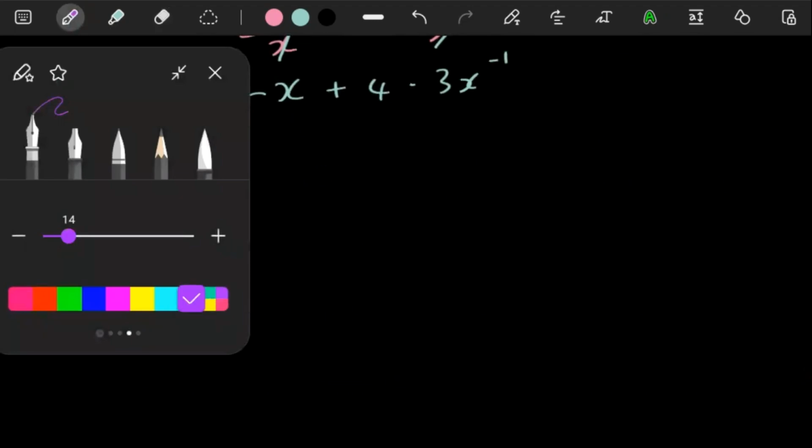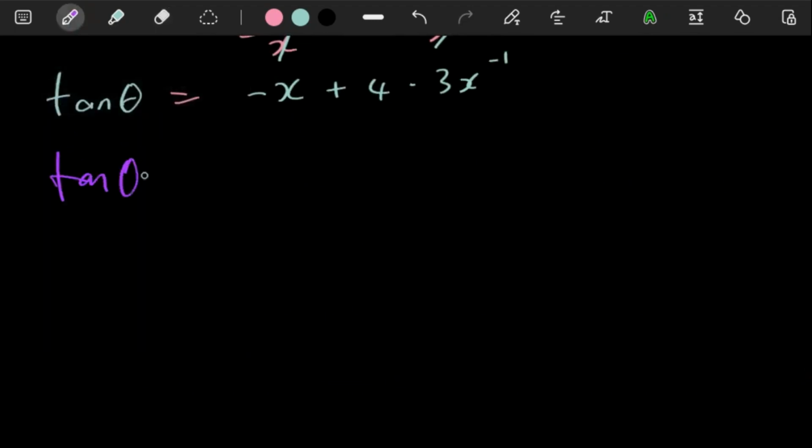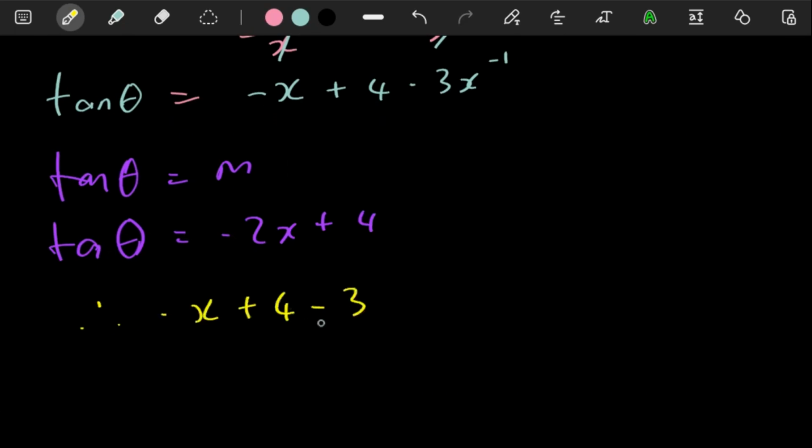Since tan theta is equal to m, and m is negative 2x plus 4 because that's the gradient, we can set the two expressions for tan theta equal to each other, solve for x, then throw the x into the equation and solve for theta. So here we can say, therefore, negative x plus 4 minus 3 times x to the power of negative 1 is equal to negative 2x plus 4.